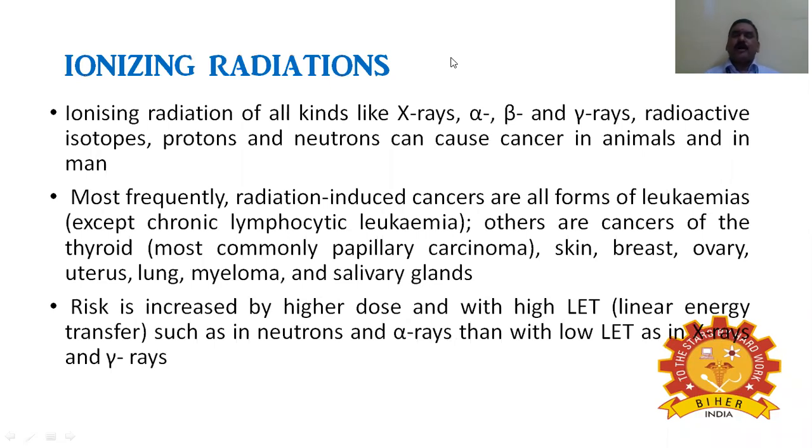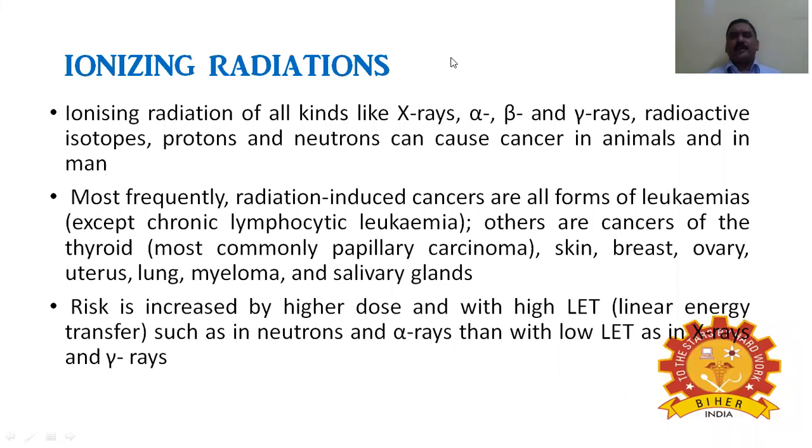Next, I'm coming to ionizing radiation, or IR. Ionizing radiation includes rays like X-rays, alpha rays, beta rays, and gamma rays. The radioactive isotopes, protons and neutrons can cause cancer in animals and in human beings.